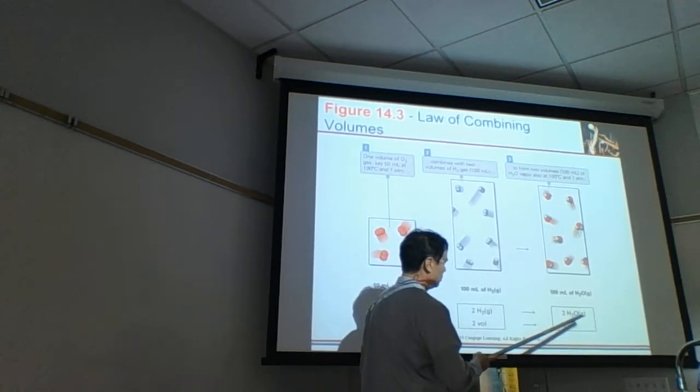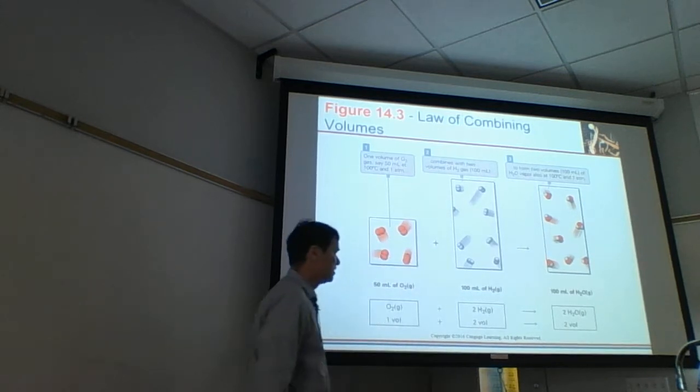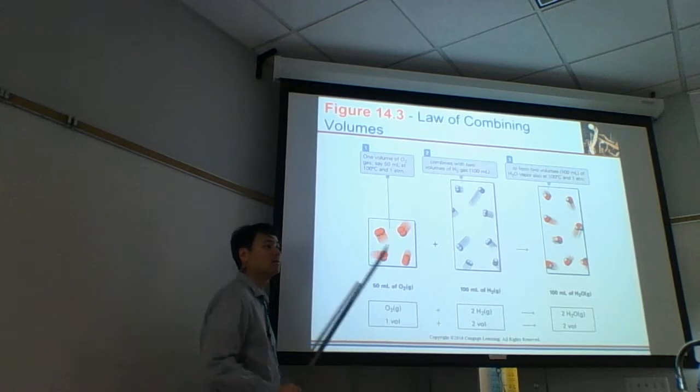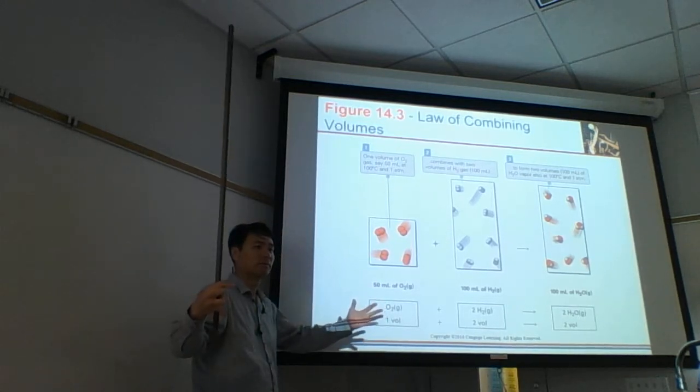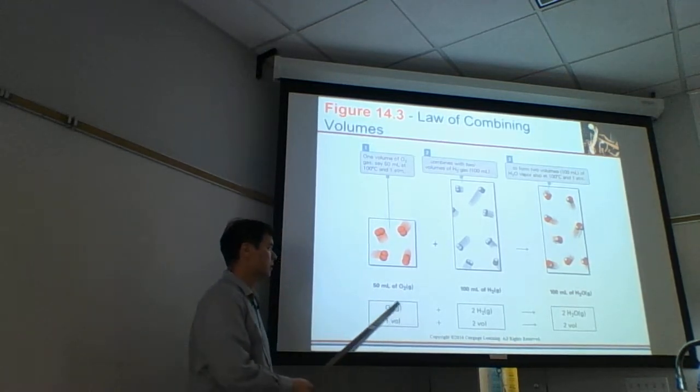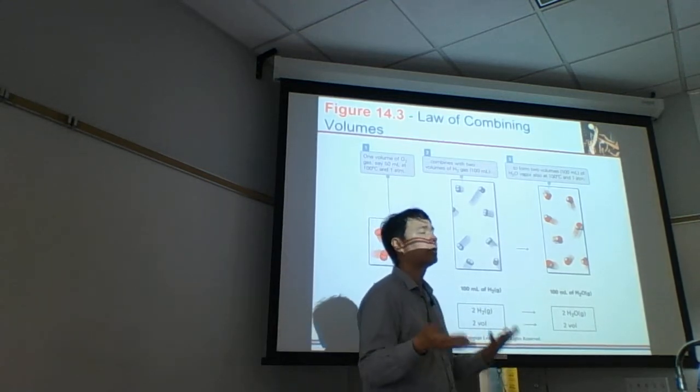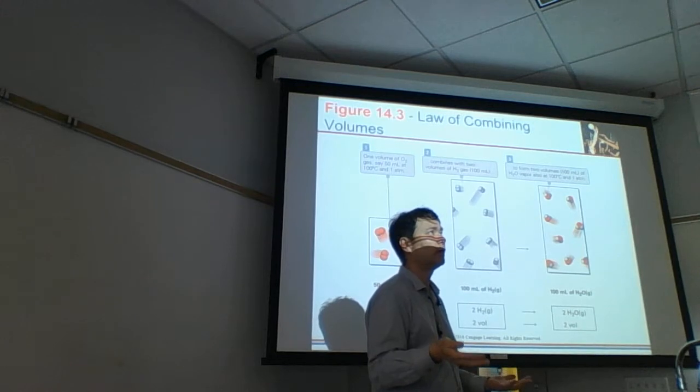Normally water is a liquid, but in this case it's gaseous. So 1 mole of oxygen is 24.5 liters. 2 moles of hydrogen, well, 24.5 times 2 would be 49 liters.